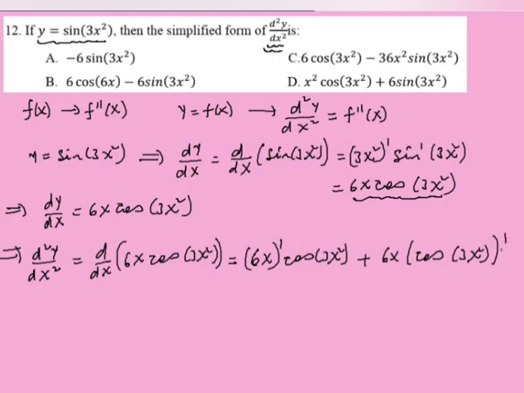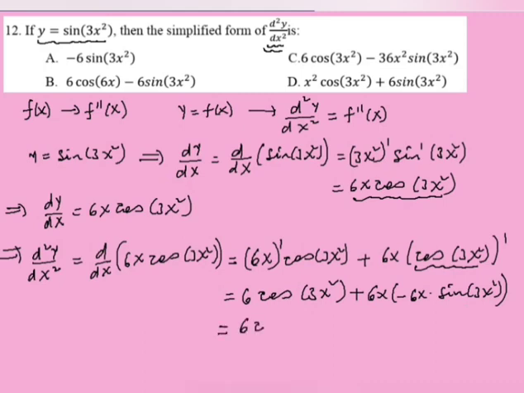So this will be 6 times cos 3x squared, plus, here the derivative of cos 3x squared is minus 6x times sine of 3x squared, applying the chain rule.